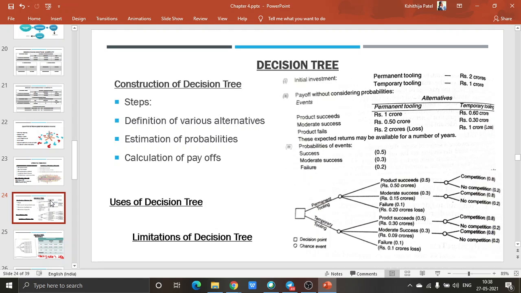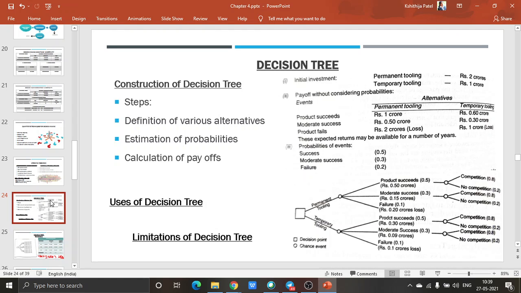Especially it makes it possible for the decision maker to see at least the major alternatives open to them, and the subsequent decisions may depend on the events of the future. And by incorporating probabilities of various events in the decision tree, it is also possible to come up with the actual probability of a decision leading to desired results.